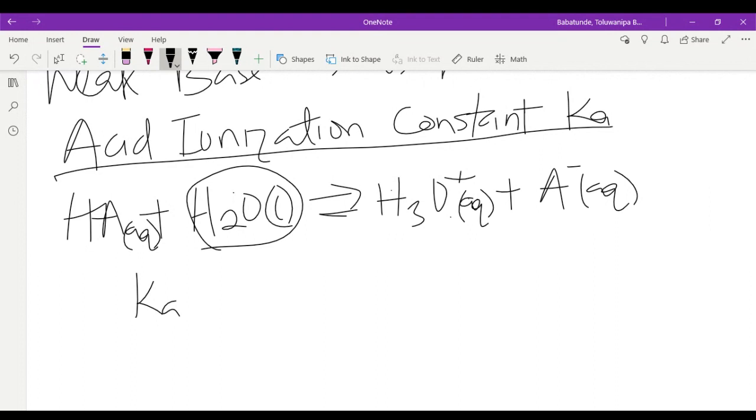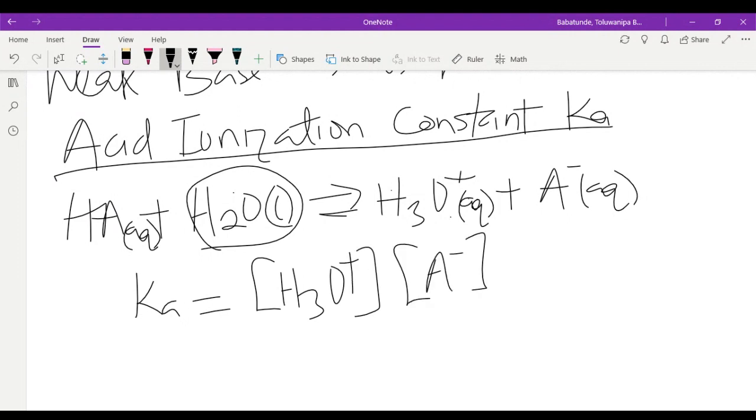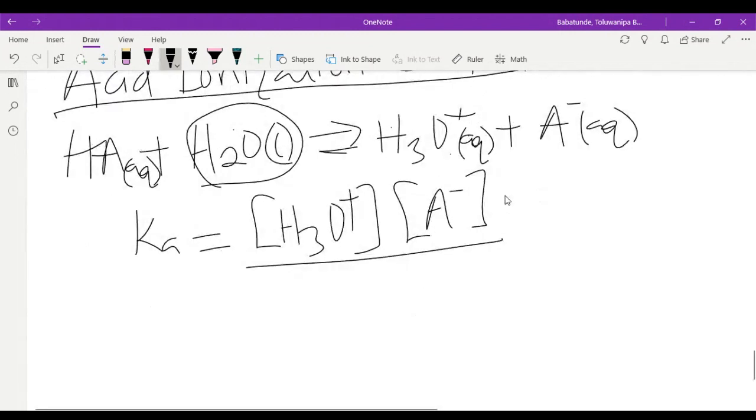So Ka equals, remember our equilibrium constant expression is always the concentration of products over the reactants. In the product, we have the hydrogen ion concentration multiplied by the conjugate base concentration, over, of course, not including water in our expression, HA in aqueous form.